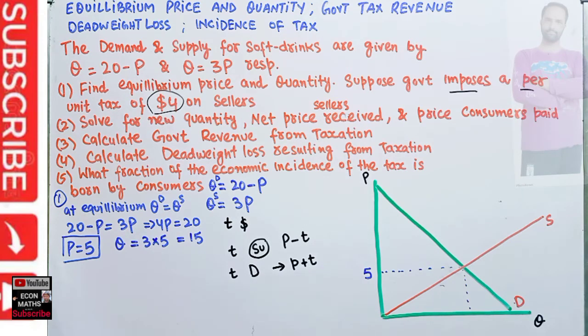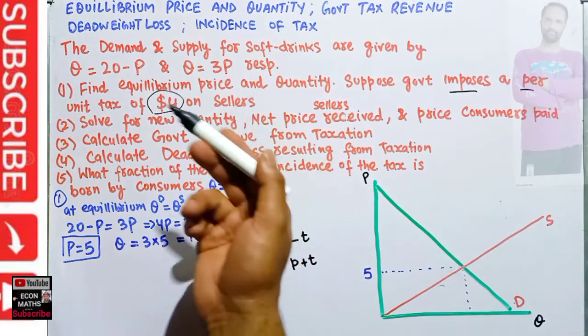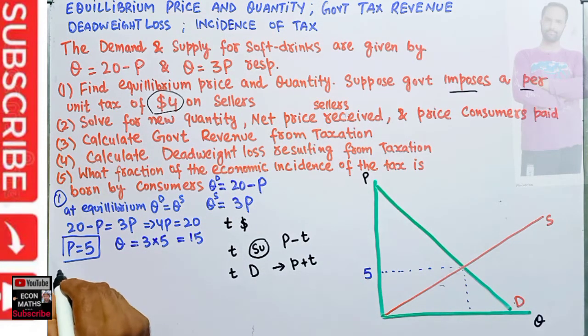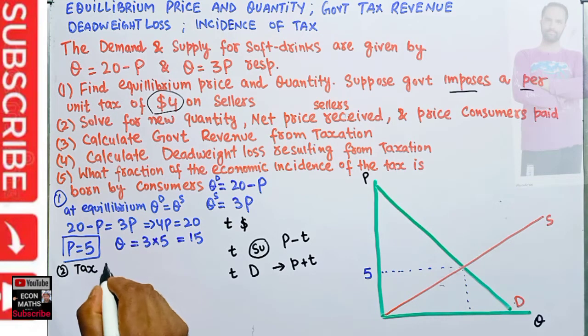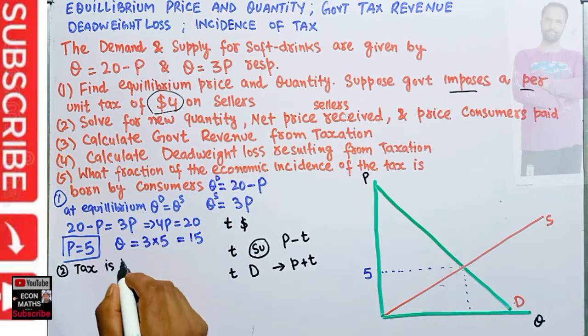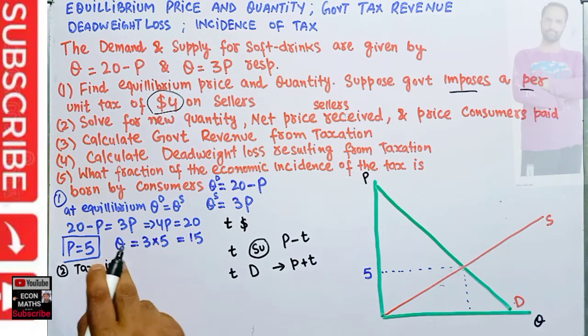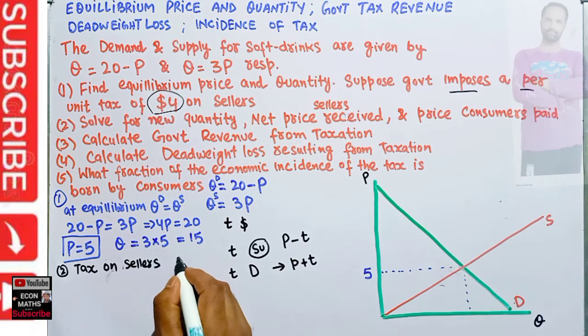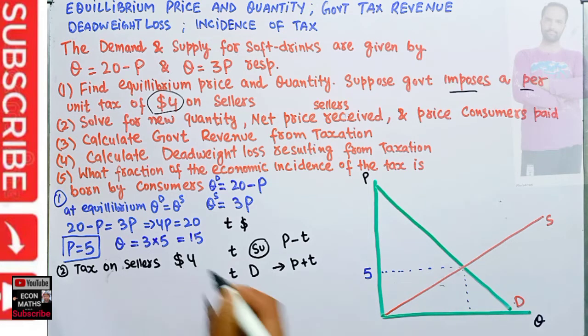Here we are being told that the tax is imposed on sellers, that is $4 per unit.